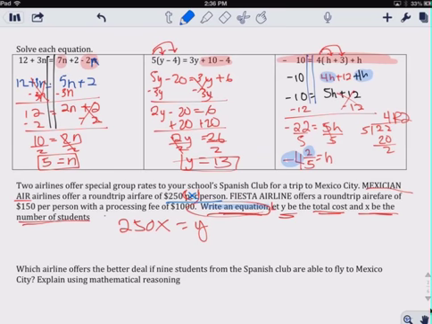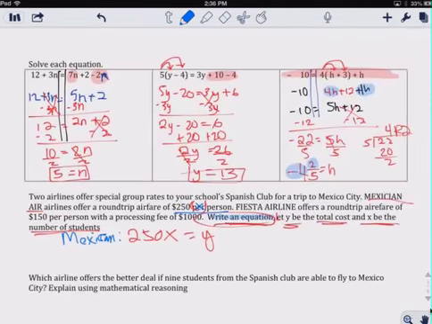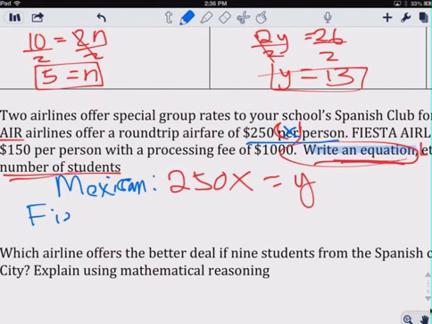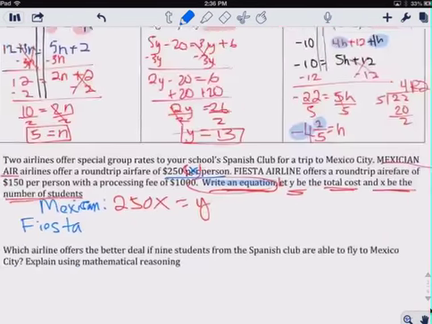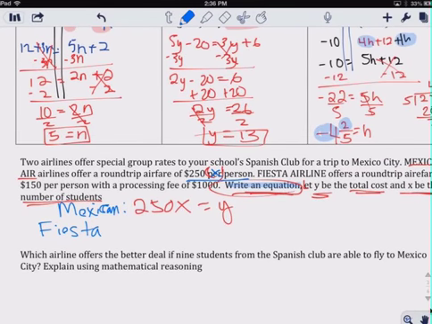This one is for Mexican Air. And the other equation is for Fiesta Airlines. Fiesta Airlines offers a round trip fare of $150 per person.